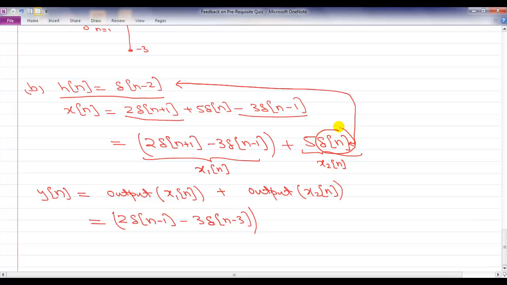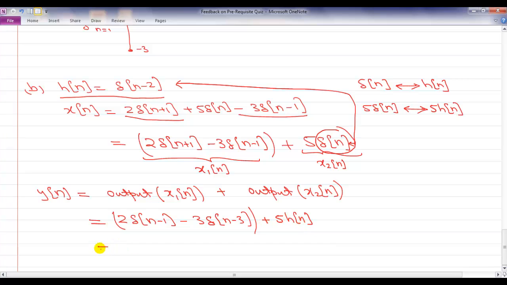By the definition of impulse response, when we input delta of n, we get back h of n. Now if I input 5 delta of n, what do I get back as output? I better get 5 h of n because it is a linear system. It's both linear and time invariant. This is the linearity property. So the output of 5 delta of n is simply 5 h of n.